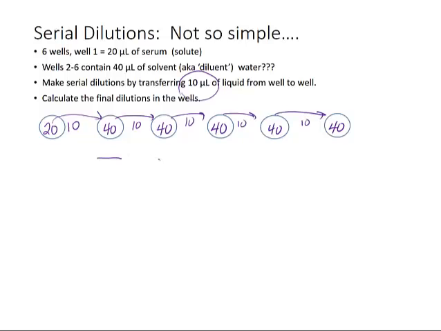So I'm going to set up my fractions just like I did before. And I'm going to put my total volume that's going to be in that well after the aliquot is added on the bottom of the fraction. So 40 plus 10 each time is going to be 50. So fill that in. That's your total volume each time, 50.